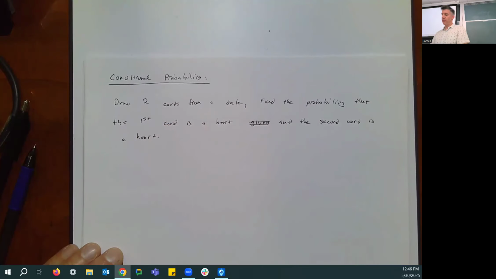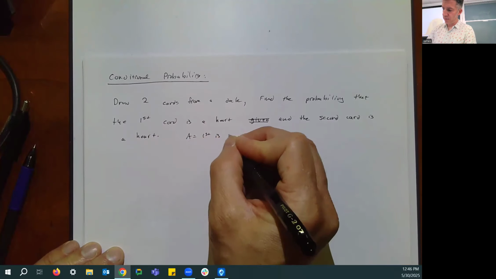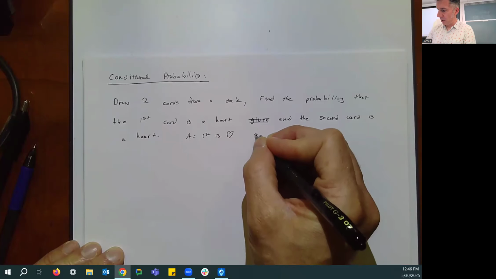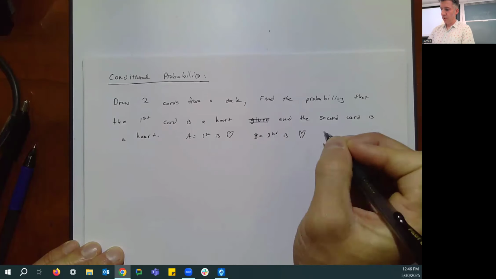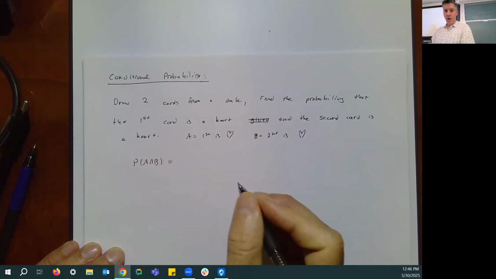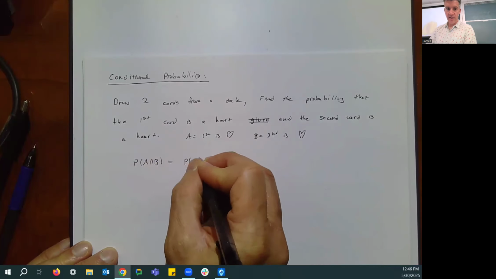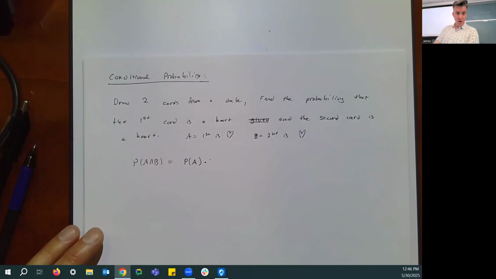Okay, so A is the first card is a heart. B is the second card is a heart. So the probability of A and B is going to be the probability of A times the probability of B. Oh, I feel like there's something.